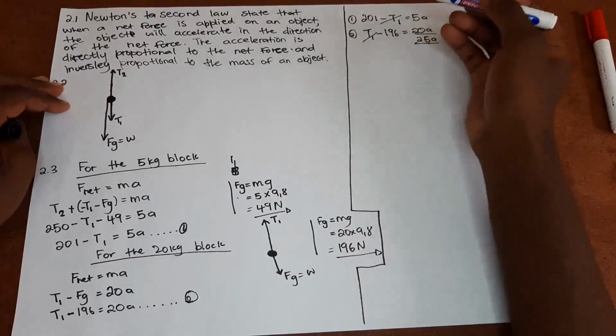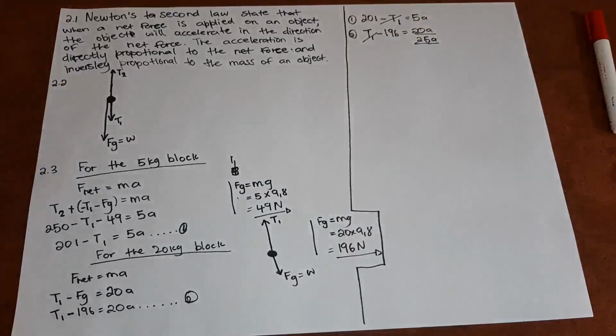So 201 minus 196. Let's press in our calculators, guys. 201 minus 196 becomes 5.